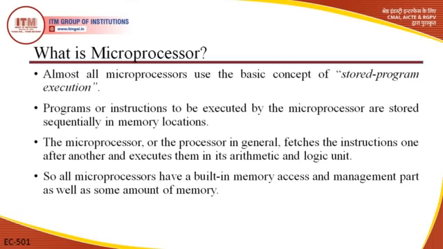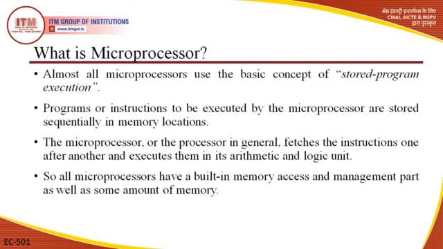That means the program is stored in memory and the processor reads the program line by line, that means instruction by instruction, and executes all of them accordingly and functions accordingly.